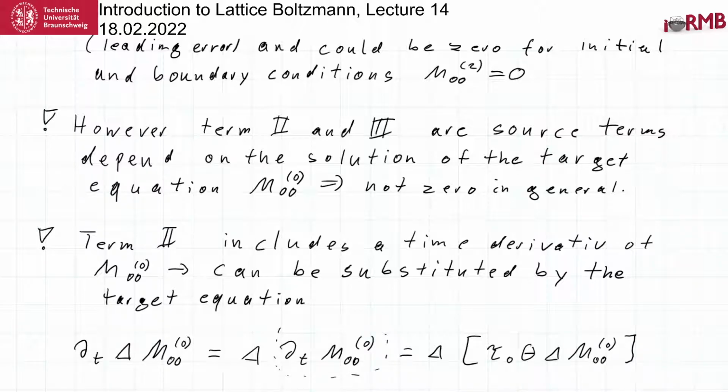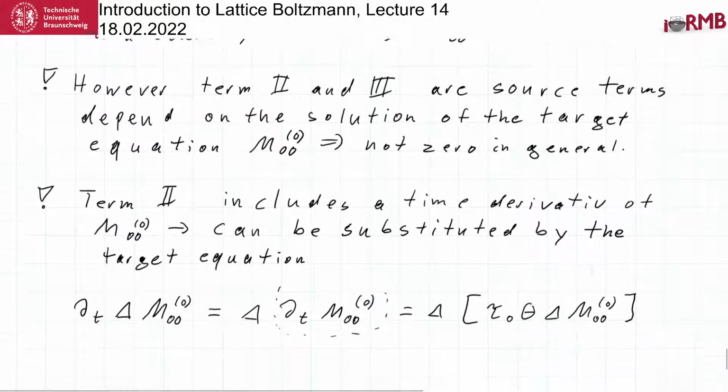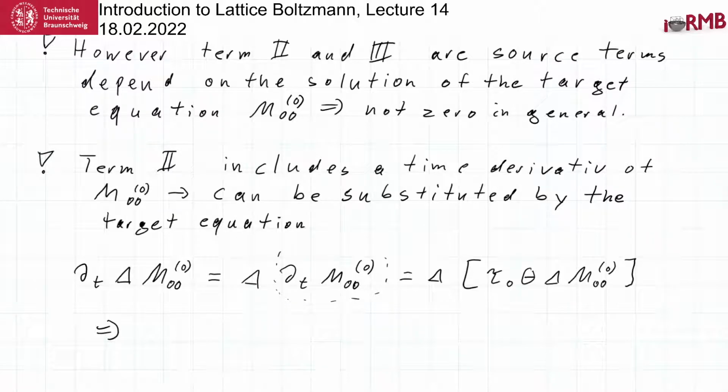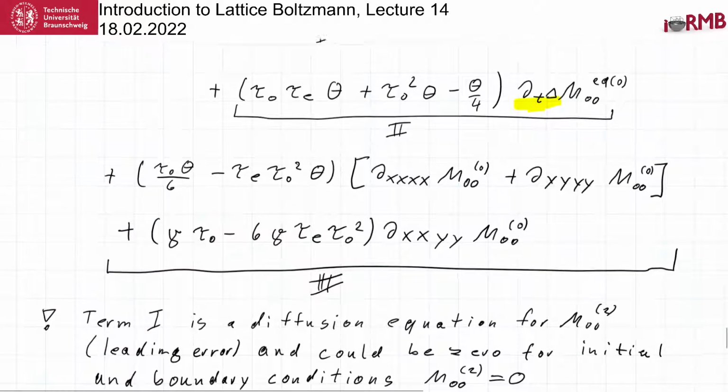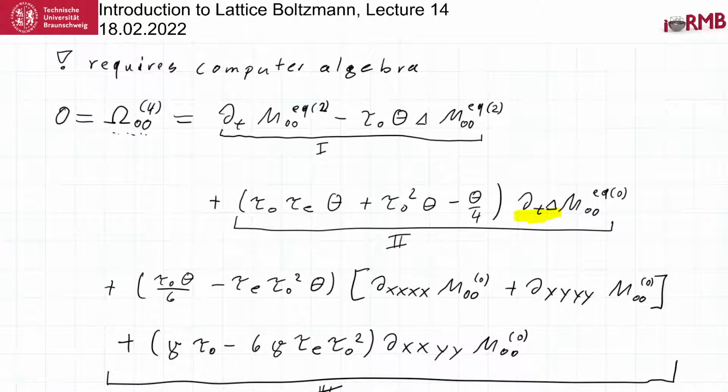So by using this, what did we win? The only thing that we won is that we eliminated the time derivative. And so we can put this into now 14.3. Then I recognize I did not specify what 14.3 is, so I have to go back. Sorry for this. So this big equation that we wrote here, this is 14.3. Hope it is 14.3. Maybe, I don't know whether I had.